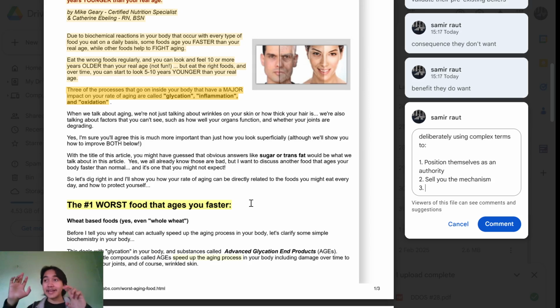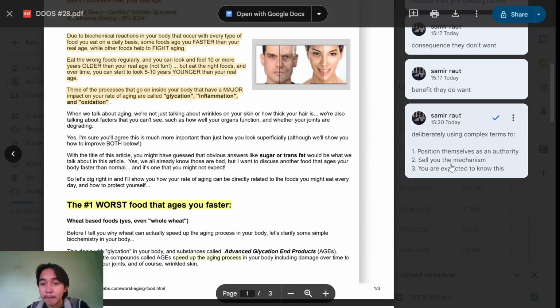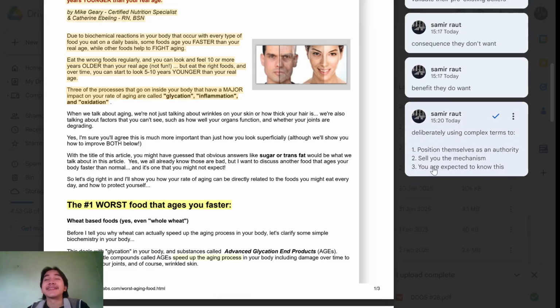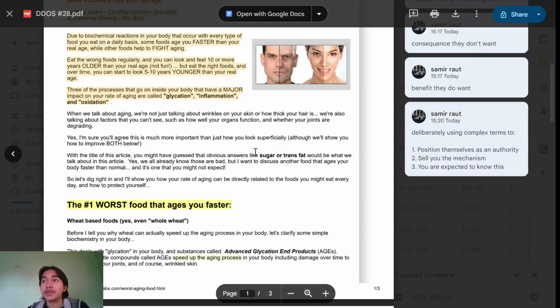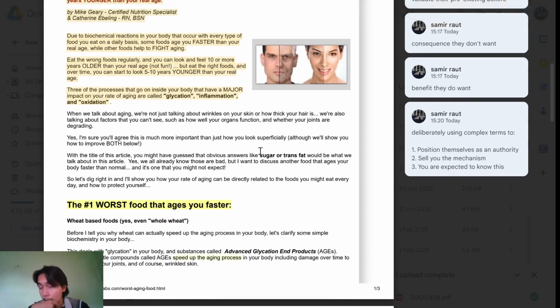You don't feel that you are expected to know this. I don't mean this in a bad sense. What I mean to say is they assume you know it, so that you are assumed to be smart. I hope that makes sense.